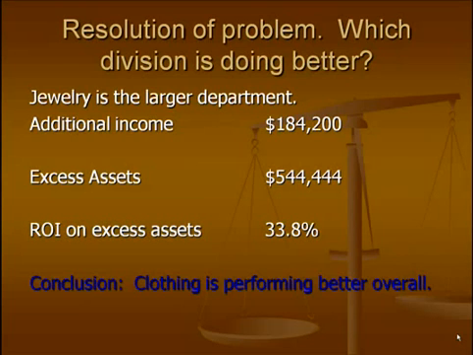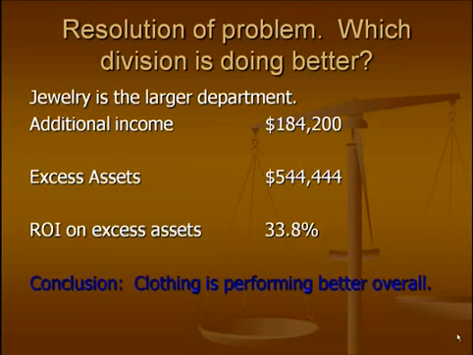Ask the question, what's the extra or excess assets of jewelry? It's the average assets of jewelry less the average assets of the clothing department, which gives you 544,444.